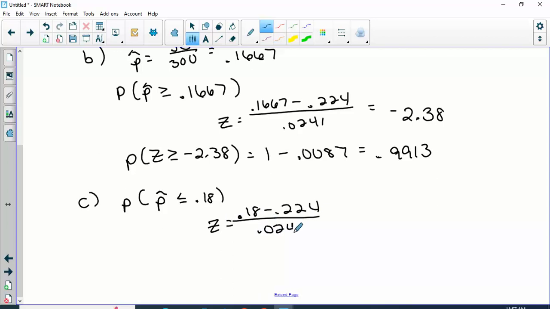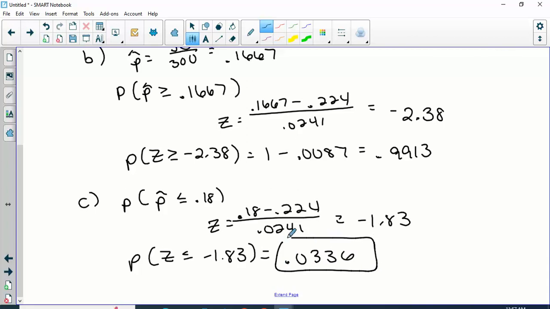Z. So we got a negative 1.83. So less than is what our table gives us. So we look that up. And we get 0.0336. So the question was, would that be unusual?